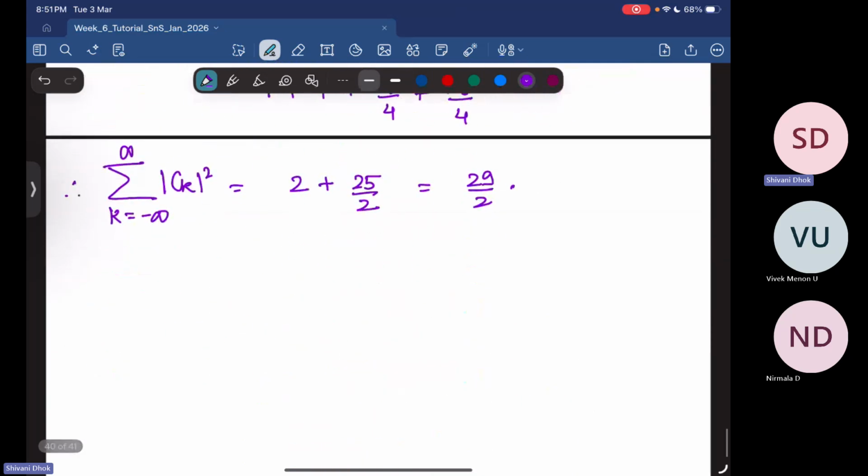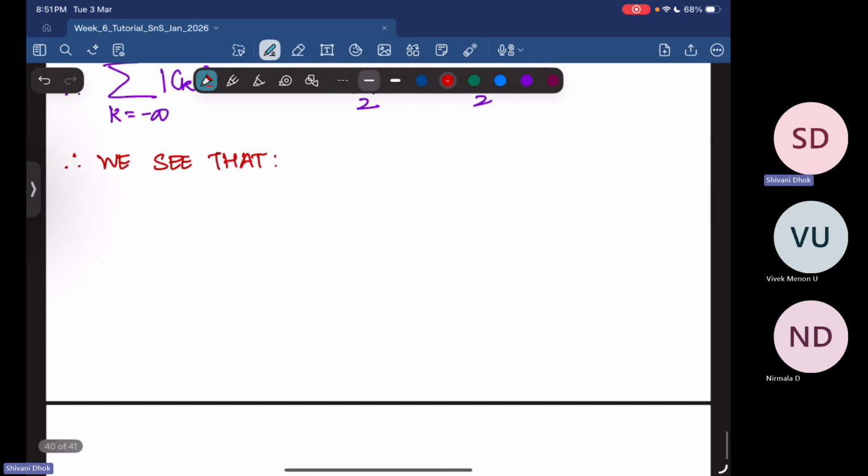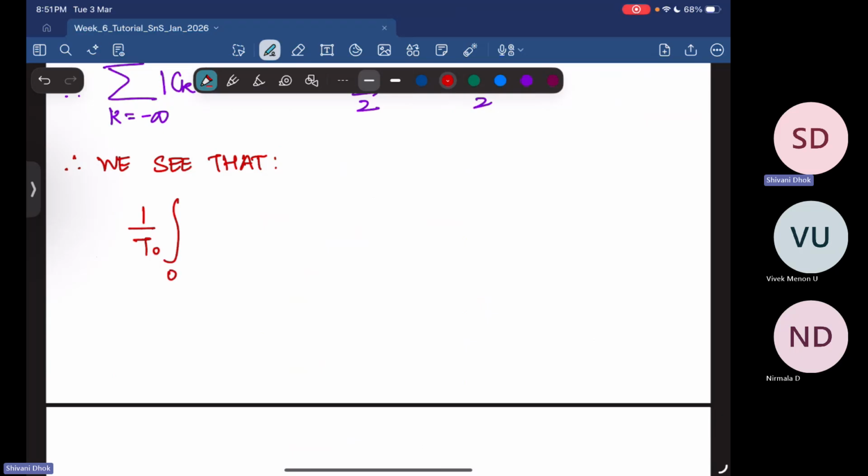So what we showed is that 1 by T naught integral from 0 to T naught magnitude of x of t square dt is equal to summation k running from minus infinity to infinity magnitude of Ck square.